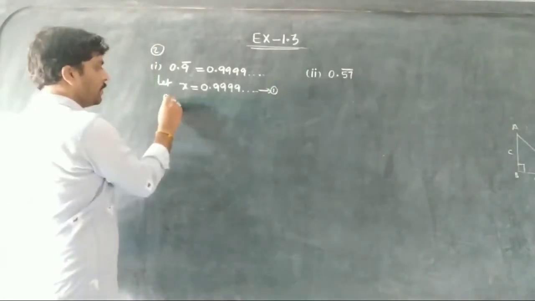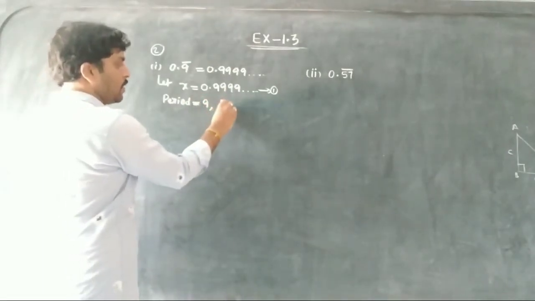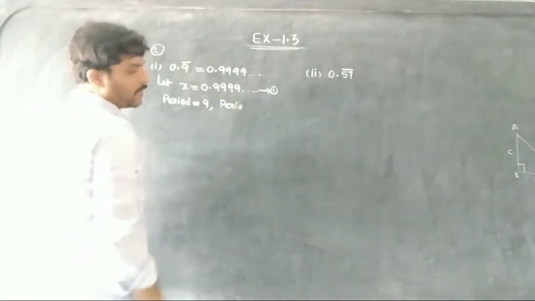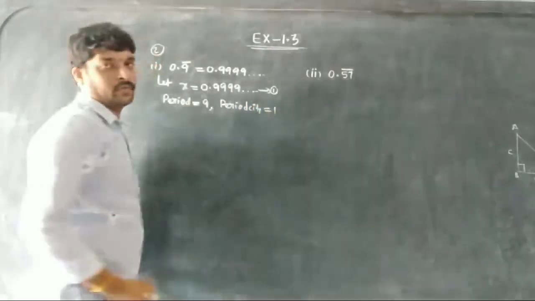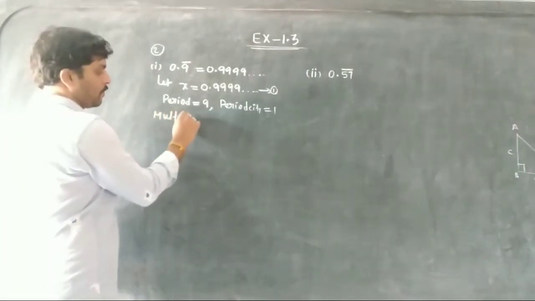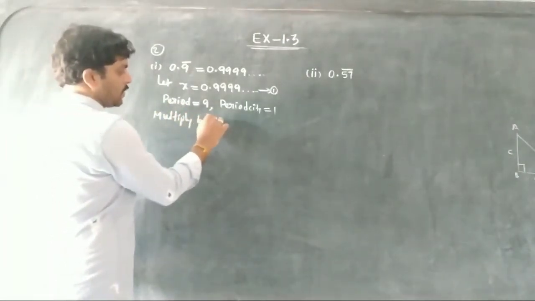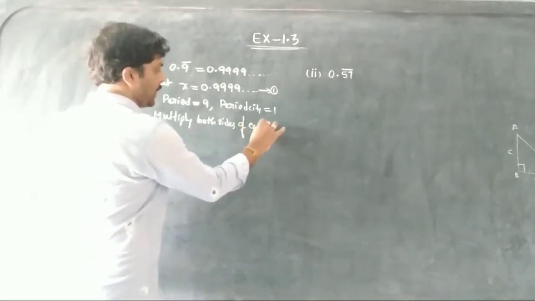Here, period: which number is repeating? That is the period. How many digits are repeating? That is the periodicity. Periodicity is 1. Now multiply both sides of equation number 1 by 10.